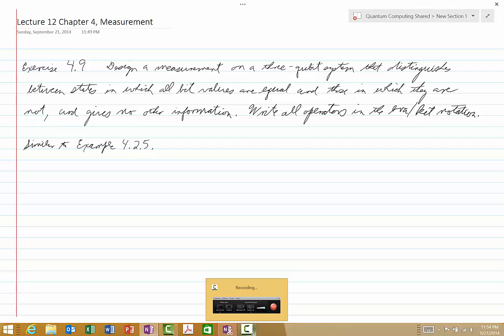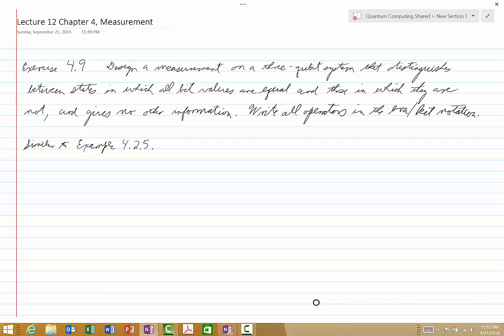Now, to make sure of what we're talking about here, we have a 3-qubit system and we want to design a measurement that will distinguish between those states in which all the bit values are the same and those in which they are not.